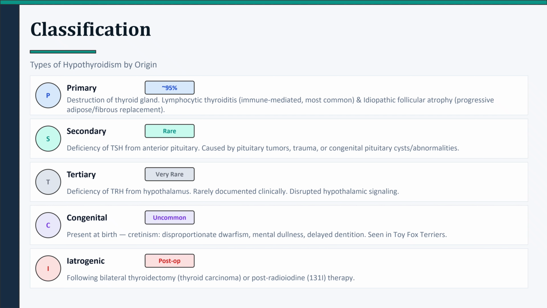Congenital hypothyroidism is present at birth and leads to a condition called cretinism. These are puppies with disproportionate dwarfism, mental dullness, and delayed dentition. And finally, iatrogenic hypothyroidism. This is something we as clinicians actually cause, following bilateral thyroidectomy for thyroid carcinoma or after radioiodine therapy.